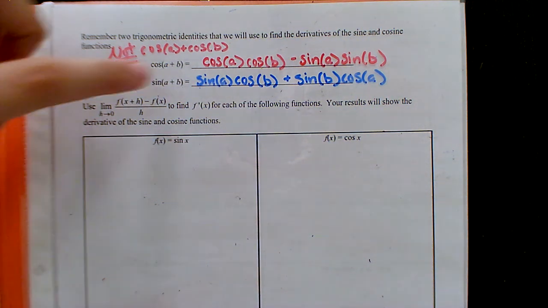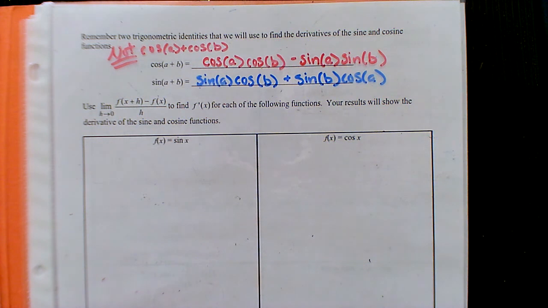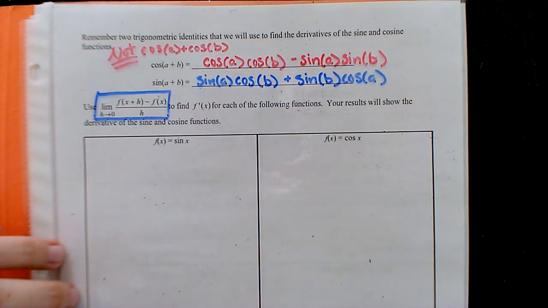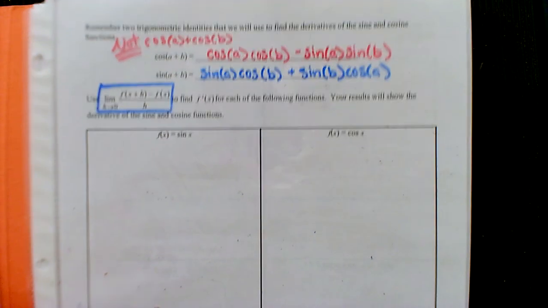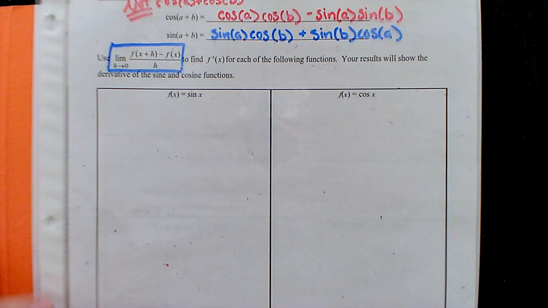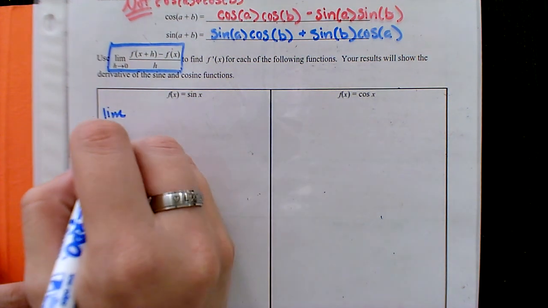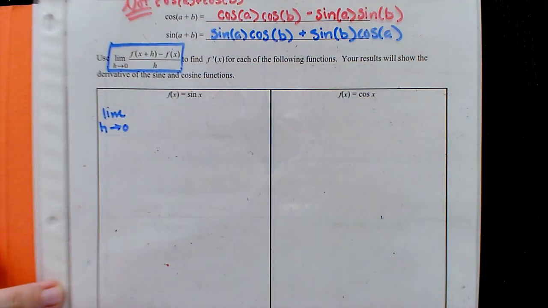So we're going to have to use these two identities to help us figure out the shortcut derivatives for these trig functions. So we are going to have to go through the limit definition, but just this once. Let's first check out sine. The limit as h approaches 0.